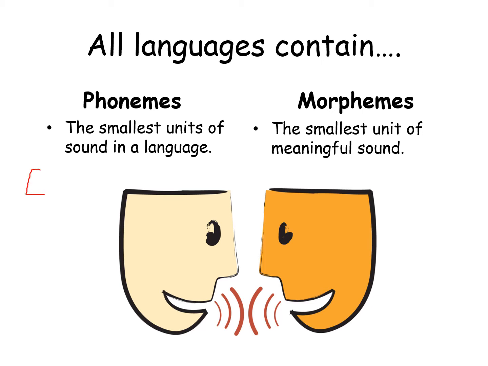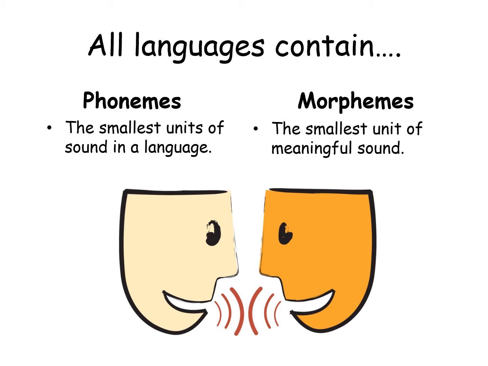Some examples of that would be the ch sound, or the ah, or the t, or the b sounds. All of that is involved in our speech, and those are, as it says, the smallest units of sound.